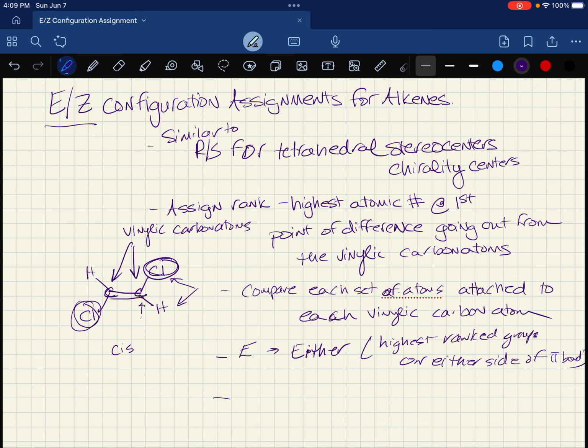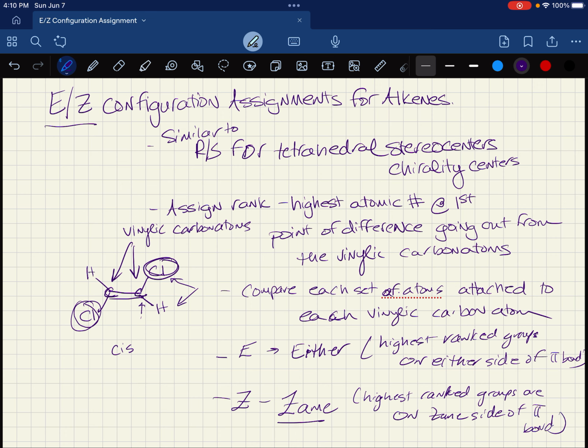And Z stands for Zusammen, which I believe means together in German. But the way we're going to remember it, unless you know German, is that the highest ranked groups are on the same side of the pi bond.